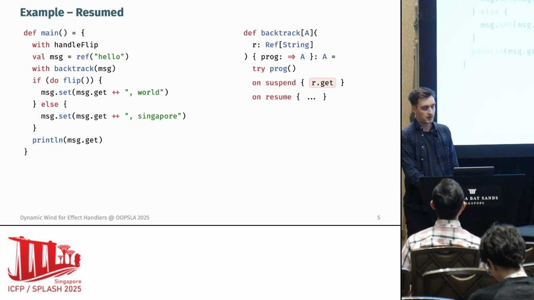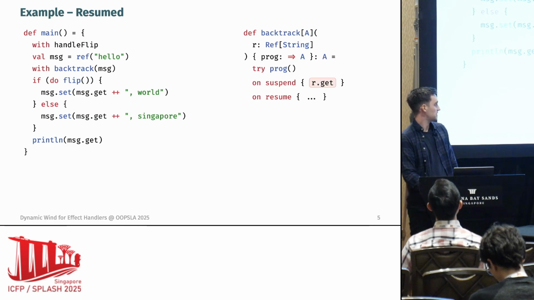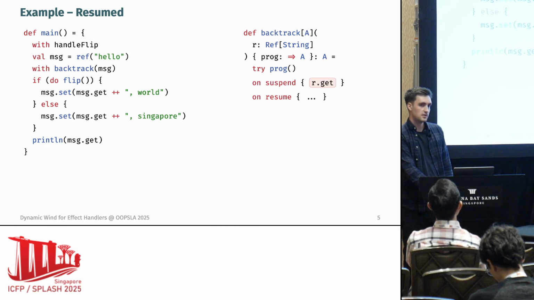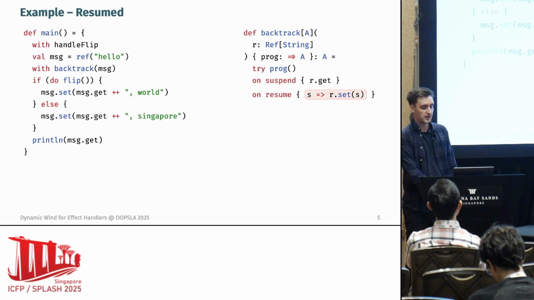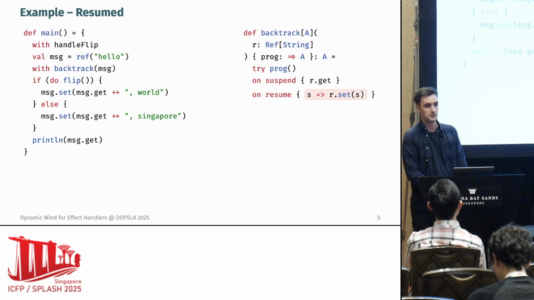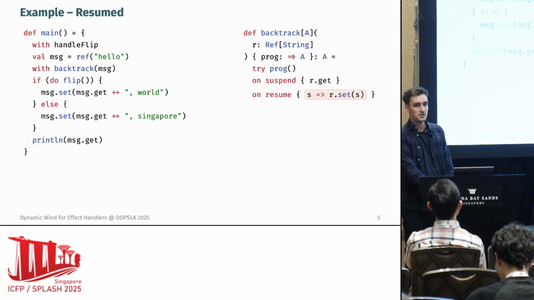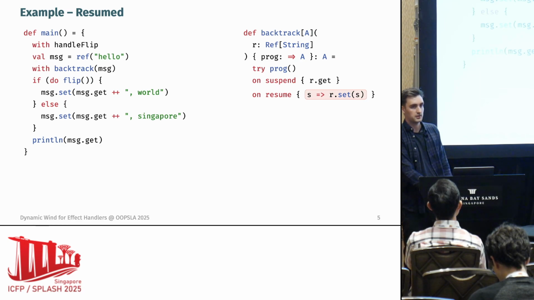It's very simple if you just see it like this. We just get the current value of the reference and do nothing with it. But that's not true. We actually have access to the return value of the on suspend clause as a parameter in the on resume clause. So we are saving the current value of the reference when we are initially calling the flip operation.